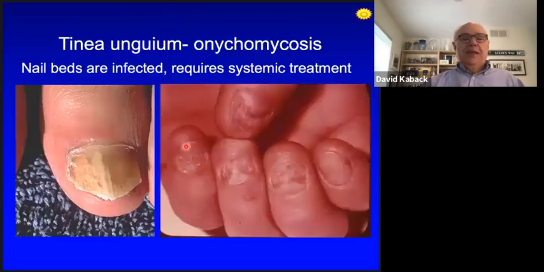If you have a nail infection, as we can see here, that nail can actually develop a hyperkeratosis where the nail thickens. I call that old man nails. You often see old people with these really gross nails that are really thick and ugly looking.